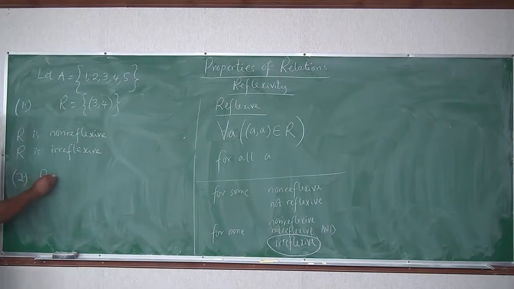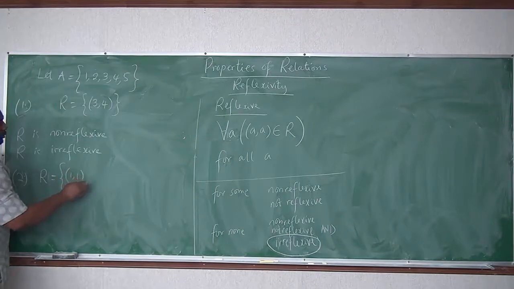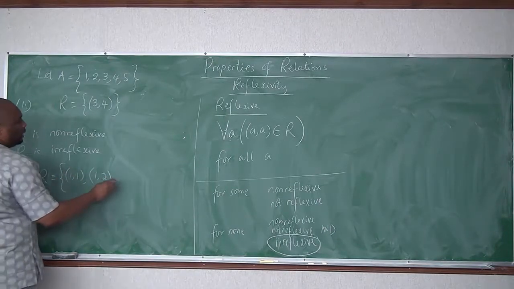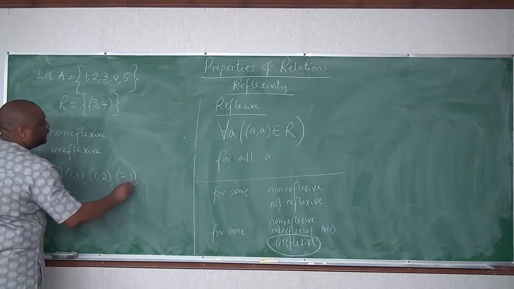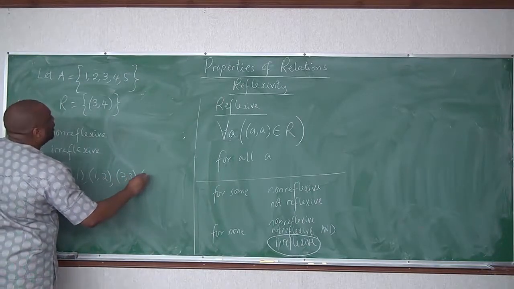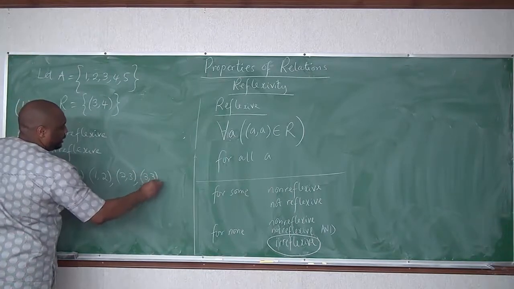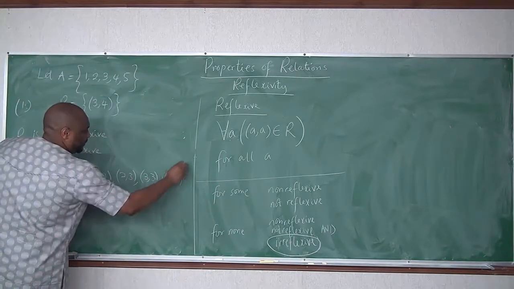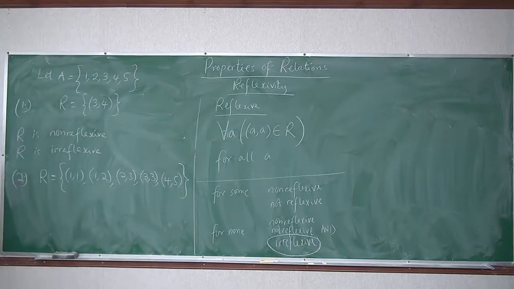That's with that. Now let's say we have the relation R to be 1, 1, 1, 2, 2, 3, 3, 3, and then 4, 5. You look at this now.